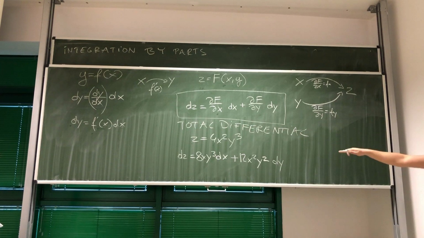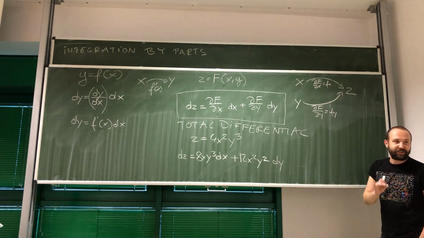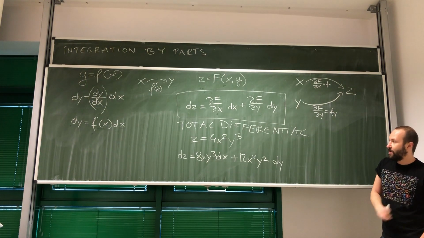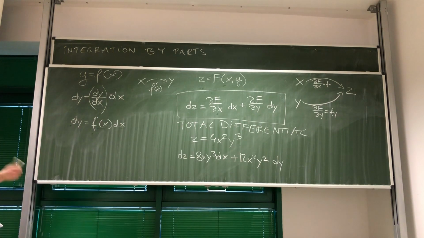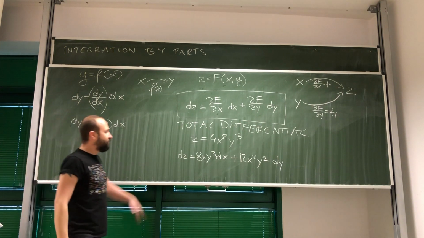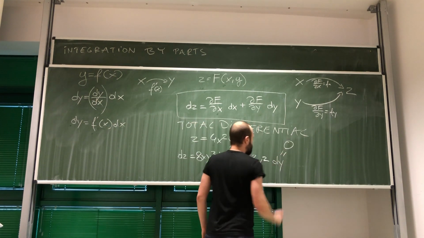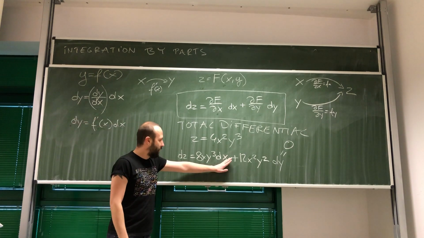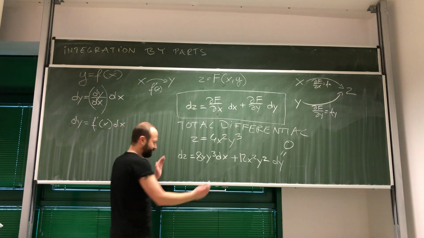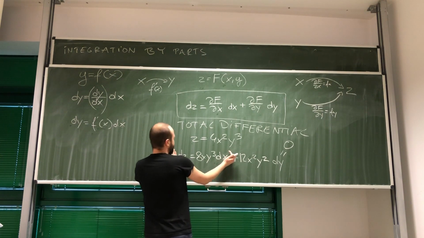And look, this expression is showing us what will happen to z if both x and y are changing at the same time. Of course, look, we're going to be discussing this in the future, but if one of those is not changing, for example, this one is equal to 0, so only x is changing, then from this expression we can read actually change in z.